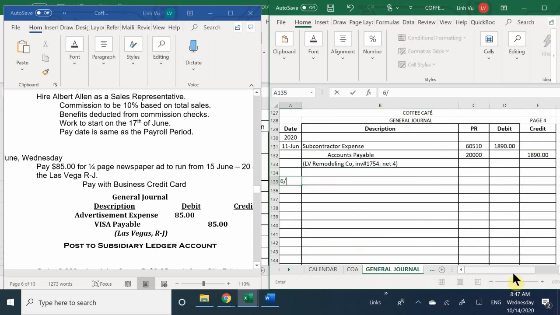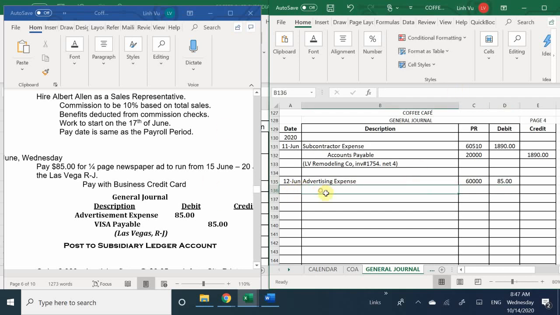So, on June 12th, we have advertising expense. What number is that? 60,000. And it's for $85.